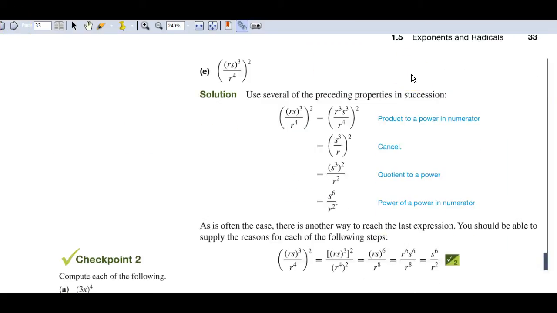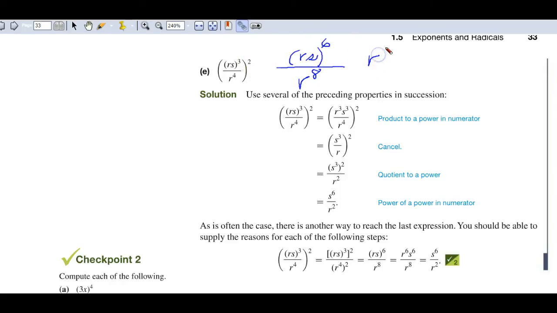And there's another example that they're showing. Let's look at that now. This will have to be done in 2 stages, I'm pretty sure. So this is going to be r s to the 6th, and this will be r to the 8th.